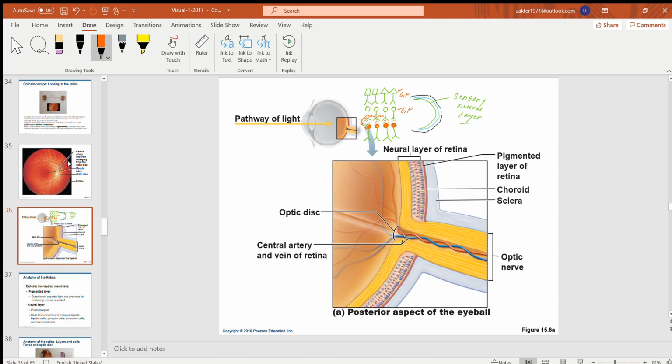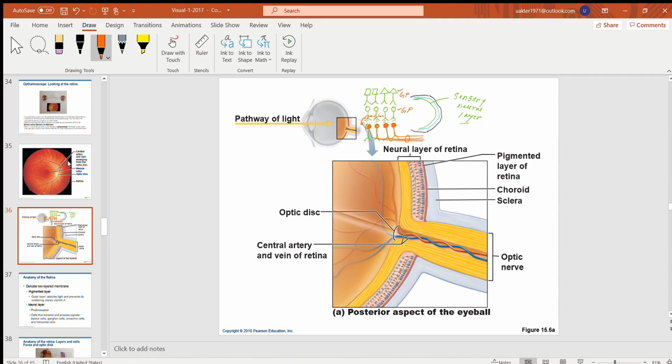They should generate the action potential because the axons of ganglion cells are very long, and they take the signal to the brain, right? So the signal must travel a long way, and the bundle of these ganglion cell axons together form the optic nerve.